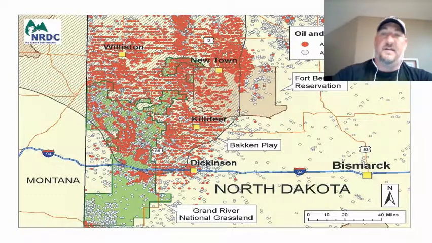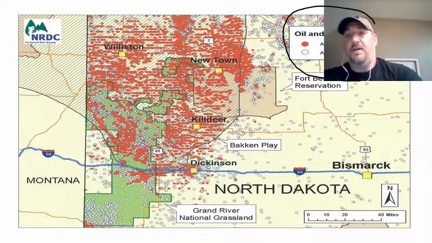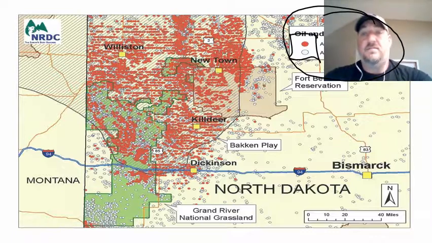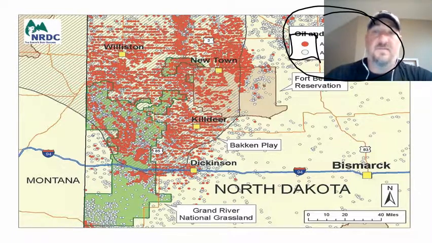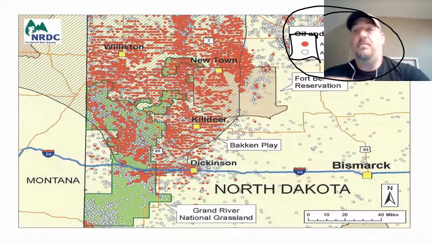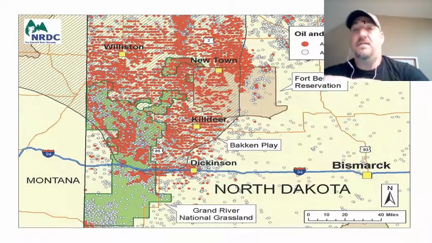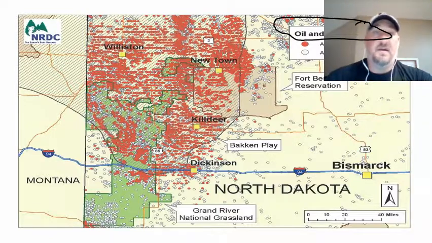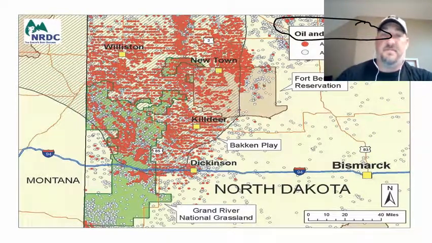And then another example, we're looking at oil and gas in North Dakota, and then it tells us what the dots mean. So the white ones would be abandoned, the red ones would be active wells. We do have some other information on the map, but we have to look at what's in the title, oil and gas, right? So this would be an example of a special purpose map.